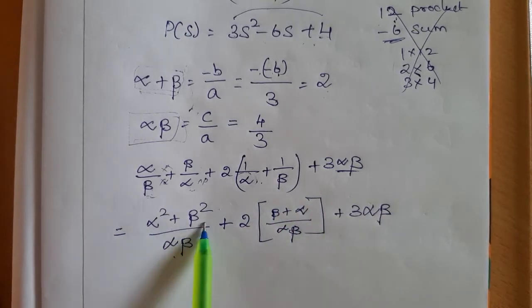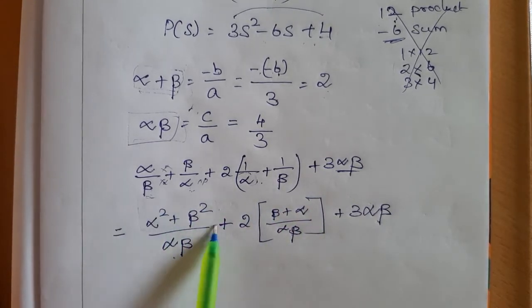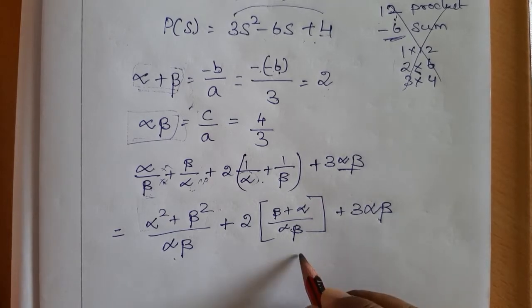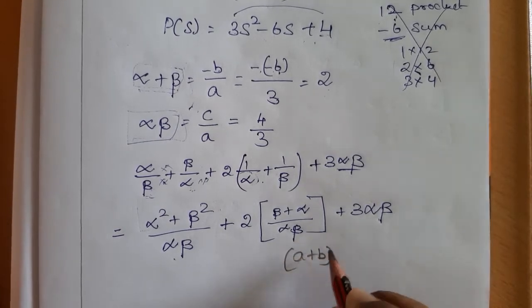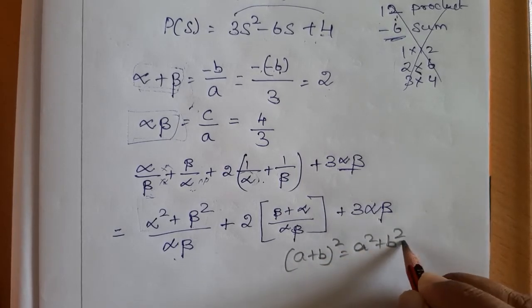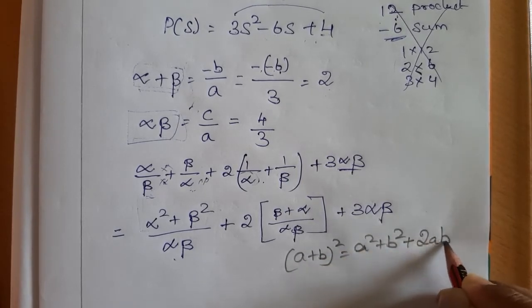But this term alone is alpha square plus beta square. Is it possible to change? Yes. Do you remember the identities that you learned? A plus b the whole square is equal to a square plus b square plus 2ab, right?